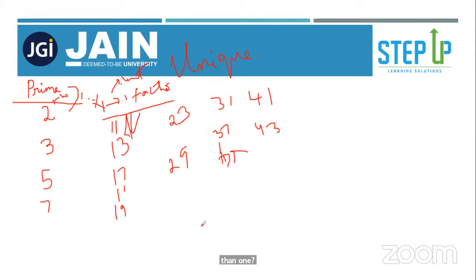Clear with that? 33 is divisible by 11. It is not prime. Yes, 37 is prime.